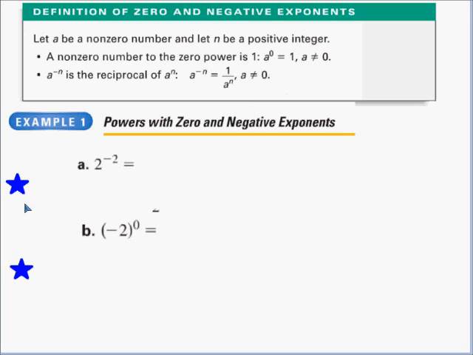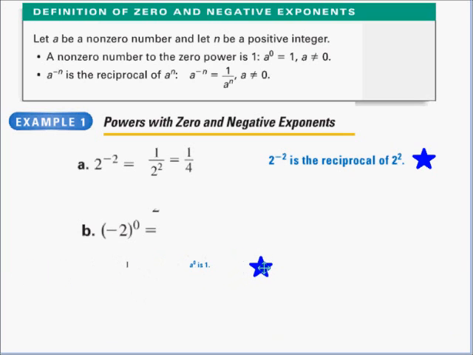So in example 1, our first question is, what's 2 to the negative 2? So 2 to the negative 2 is the reciprocal of 2 squared. So 1 over 2 squared would give us 1 over 4. Our next question is negative 2 to the 0 power.